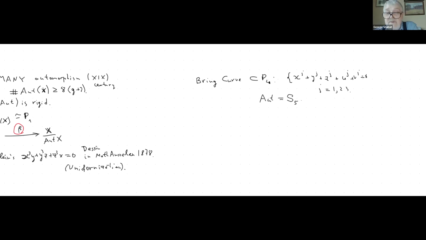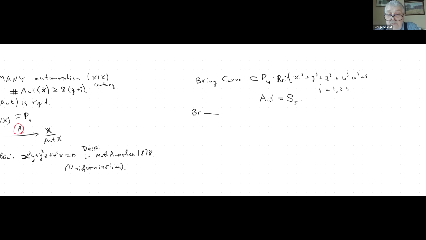Okay, and then there are formulas for the Bring curve.